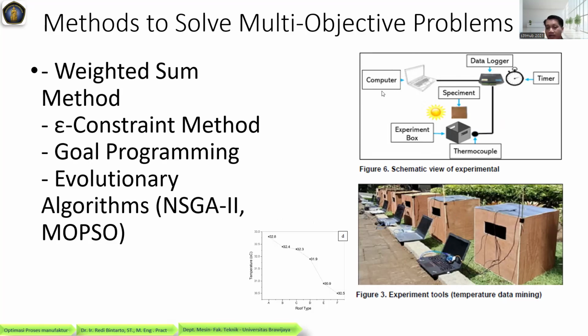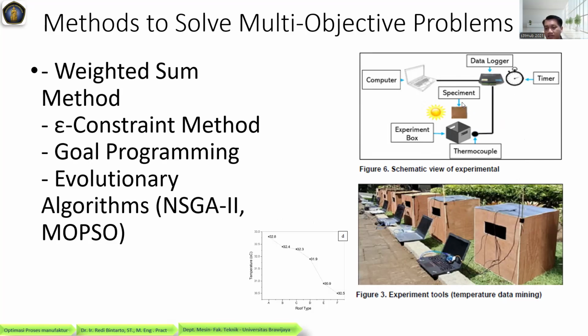So we have to collect so many tools here. For example, computers, data loggers, like we can use Arduino, and we need some timer just to make sure the data that we collect together in the tools is the same.